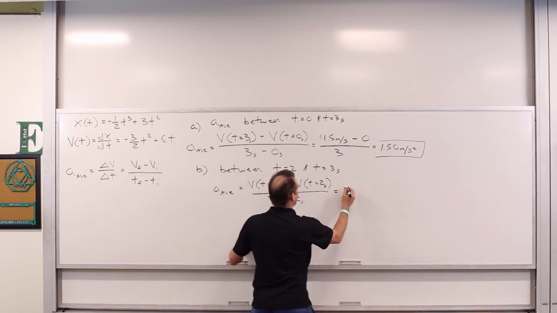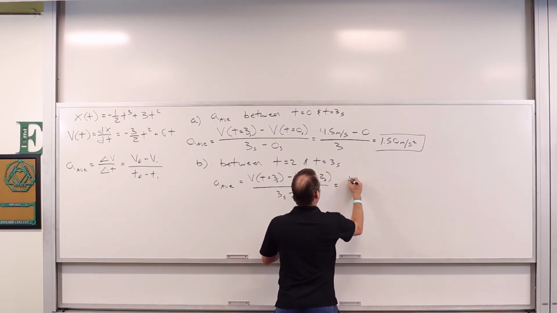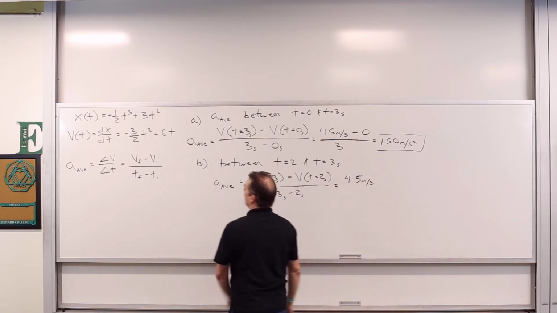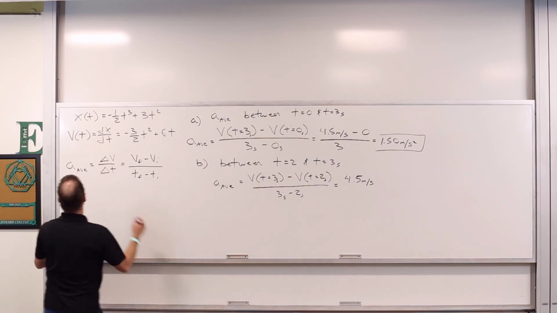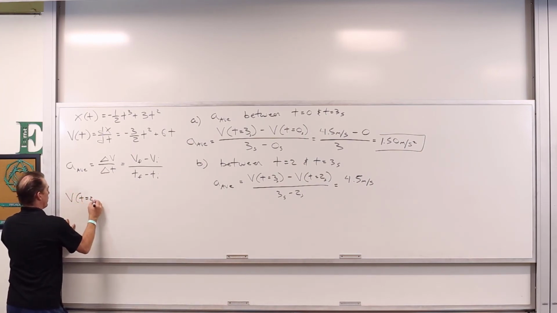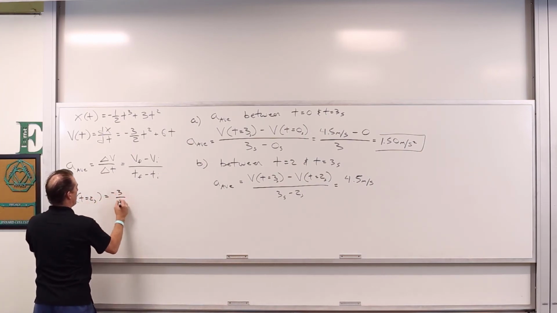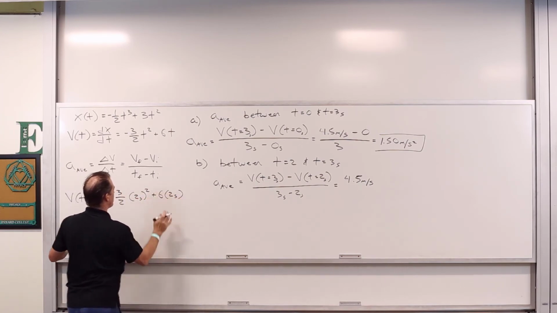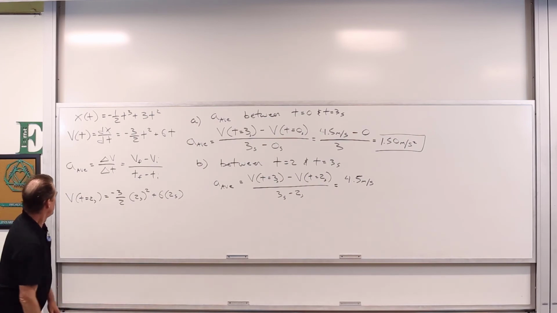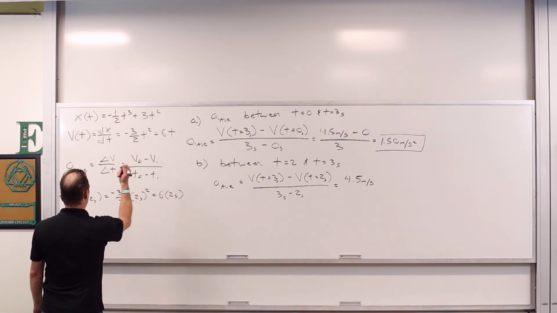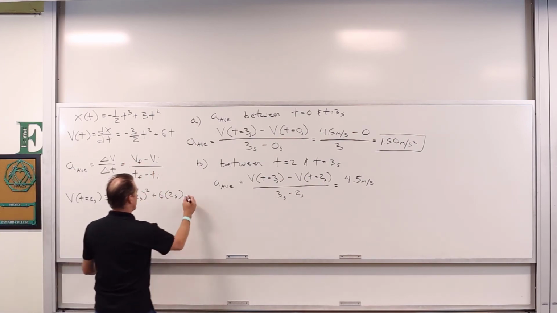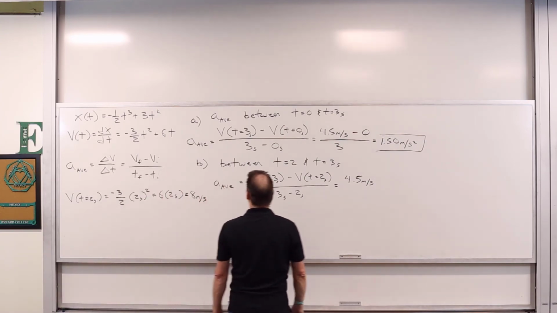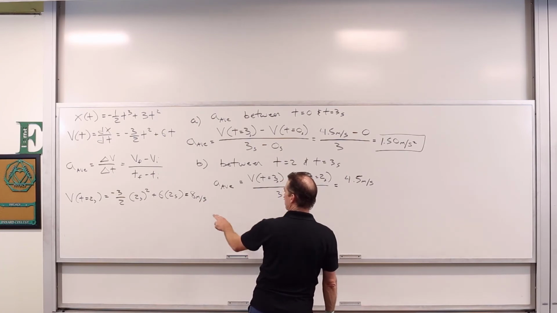We've already discerned that at t is equal to 3 seconds, we have 4.5 meters per second. Then we evaluate this at t is equal to 2 seconds. V of t equal to 2 seconds is equal to -3/2 times 2 seconds quantity squared plus 6 times 2 seconds. So we've got ourselves 12 minus 4, which is 8 meters per second.